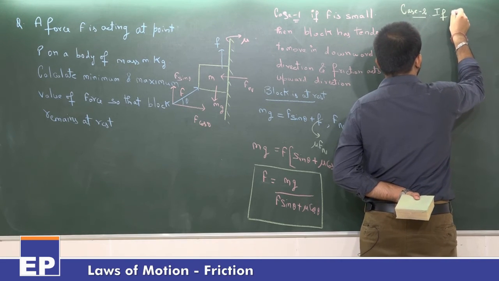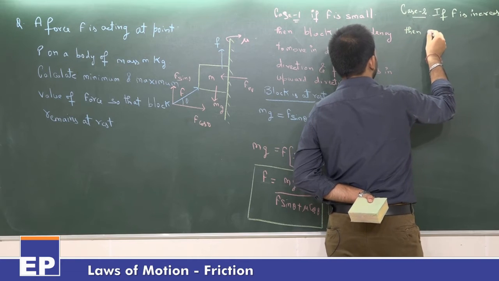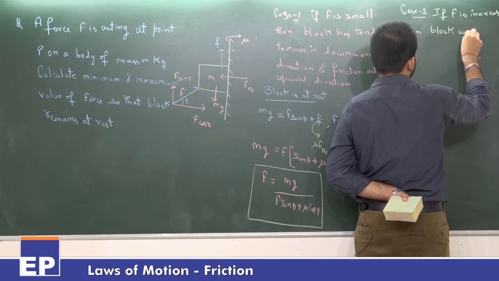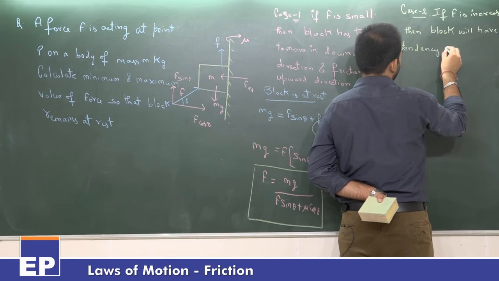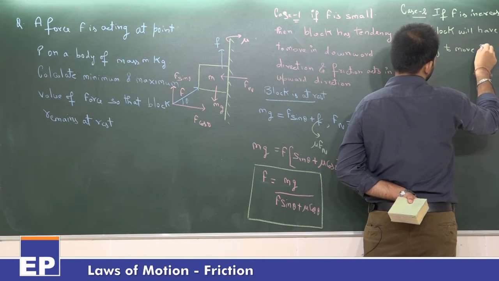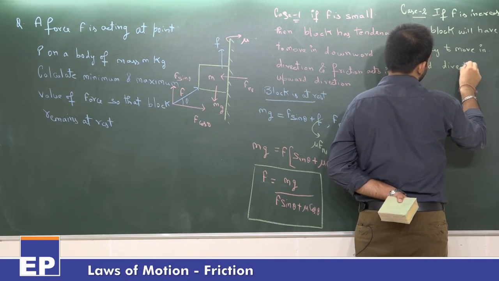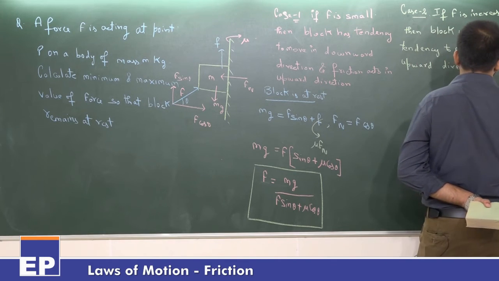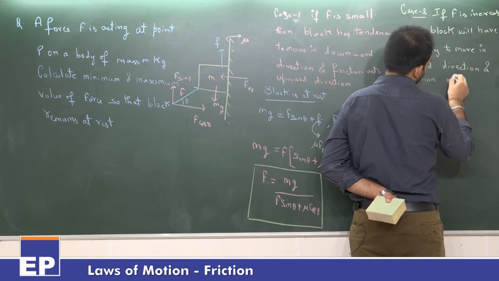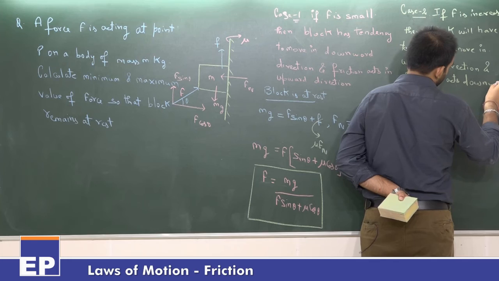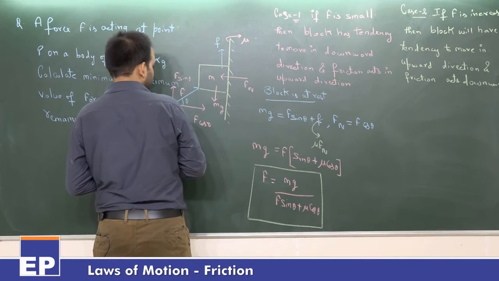If F is increased, then the block will have a tendency to move in upward direction, and friction acts downward. If it has a tendency to move upward, then friction will act downward. That is a case possible. I am showing it in a dotted way.